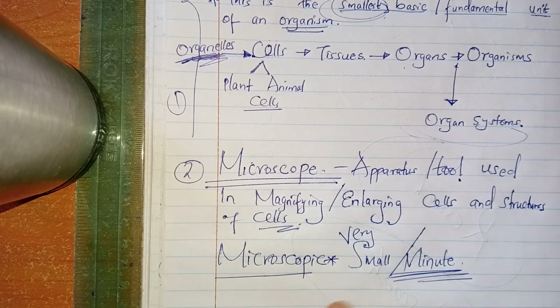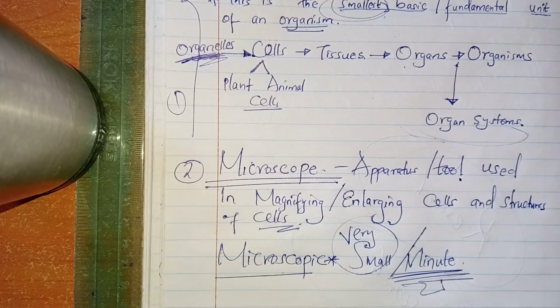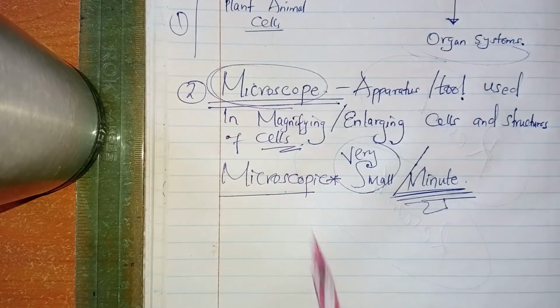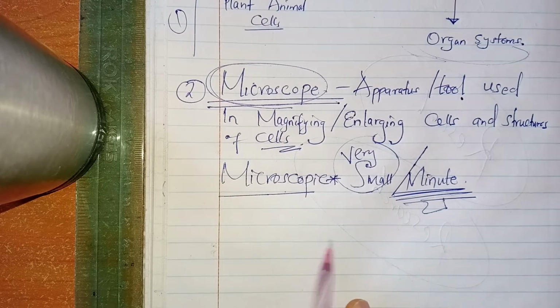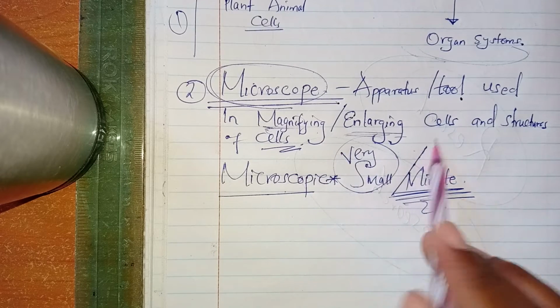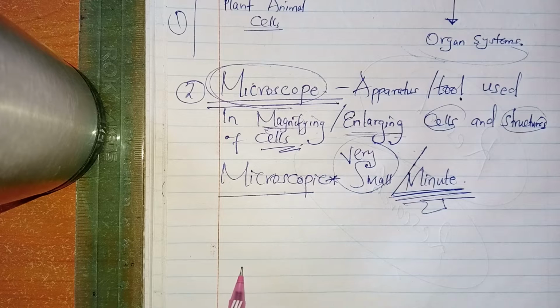Due to the fact that the cells are very small or minute, we use some tool which we are calling the microscope to at least magnify or enlarge these cells so that you can be able to do a nice study, or you can be able to see the structures or the organelles or even the cells properly.